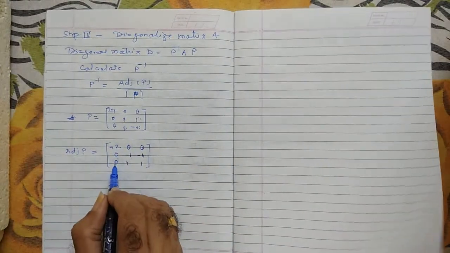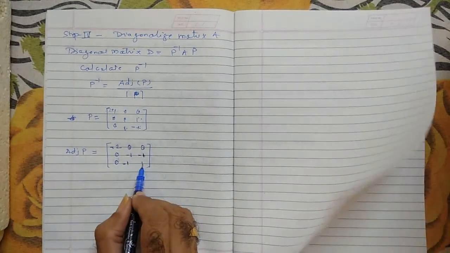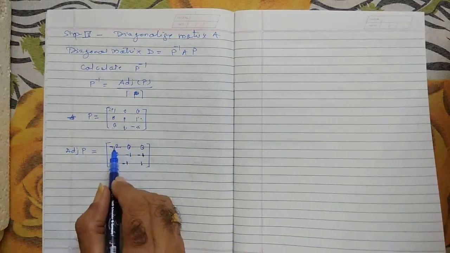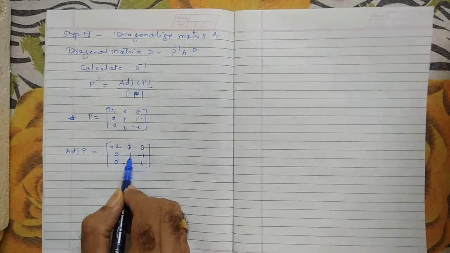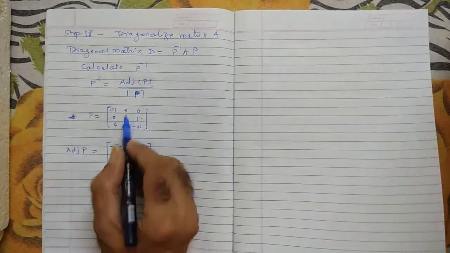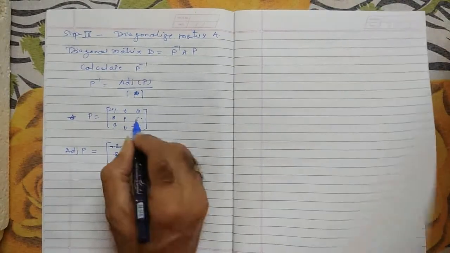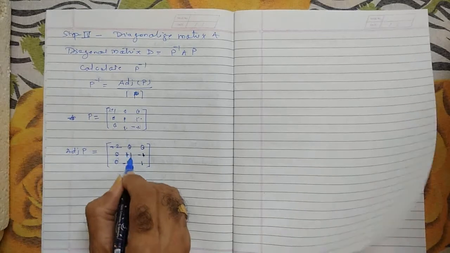If this is positive, this is negative, so we will put here negative, and here is the positive. This one is positive as it is, and this is negative, so this is minus 1, this is minus 1.